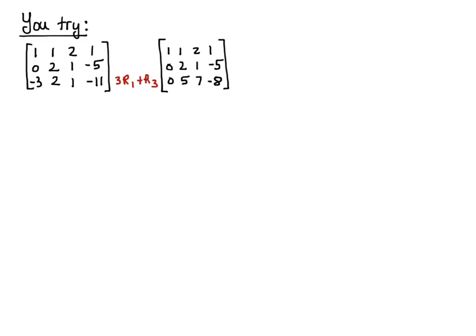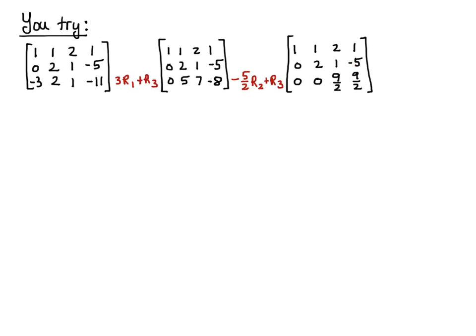Now I want to make these two work a little more nicely with each other. So I'm going to make this 5 halves, negative 5 halves times 2 will give me negative 5, so I can eliminate that 5. Negative 5 halves times 2 is negative 5, and that becomes 0.